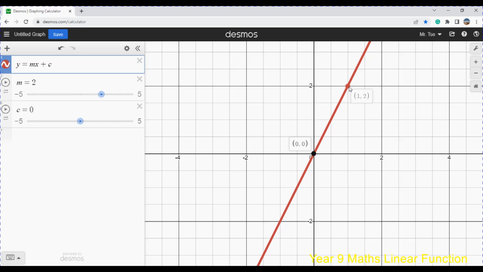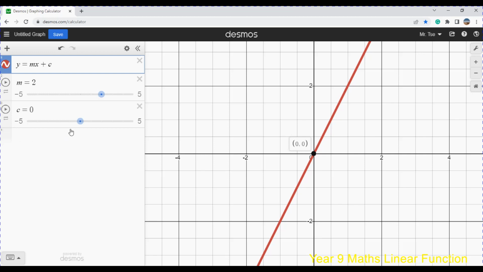You can see the gradient, rise over run between the 2 points, should be 2. So that means when m equals 2, the line will show you that gradient. So m actually controls the gradient of the line. I hope you can see it. If you learned that in year 8, it's all about revision.